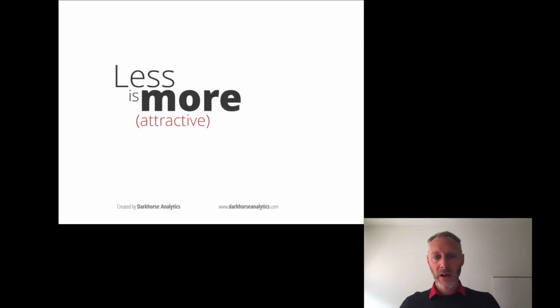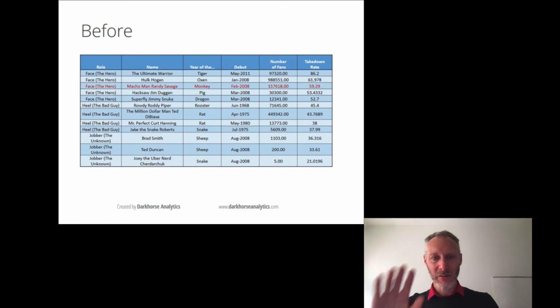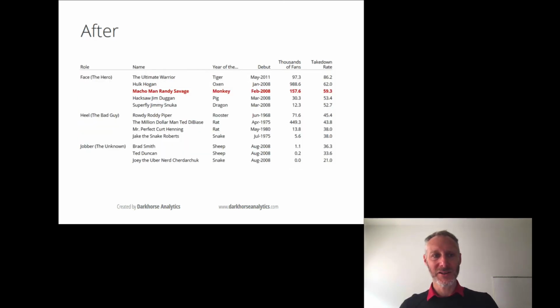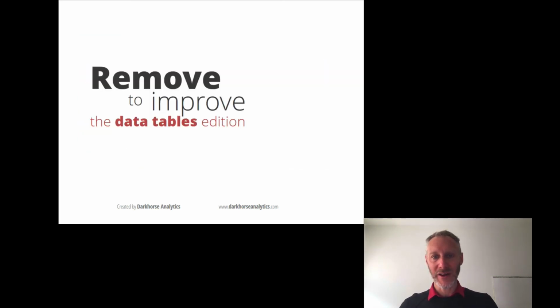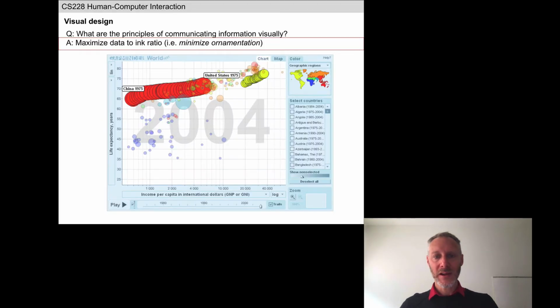Okay, so in this GIF, you can see there's about 10 or 12 aspects of the visualization that are being removed to clarify information. You'll want to think about the same thing when you're creating your ASL educational game.